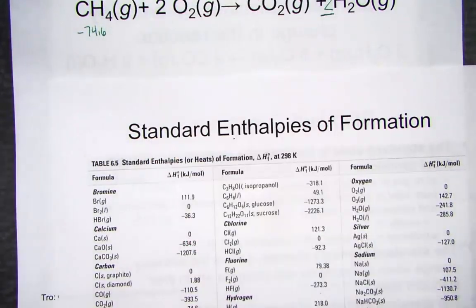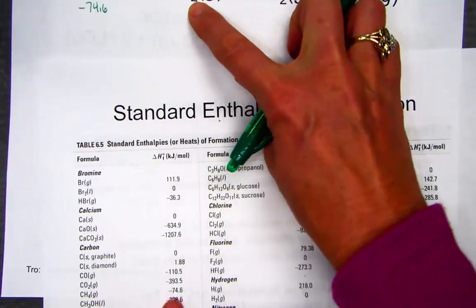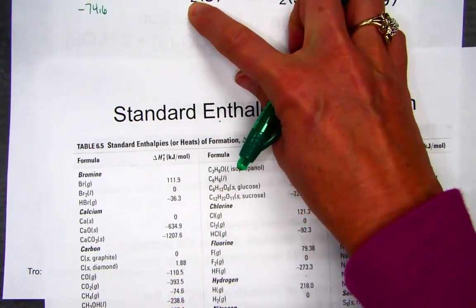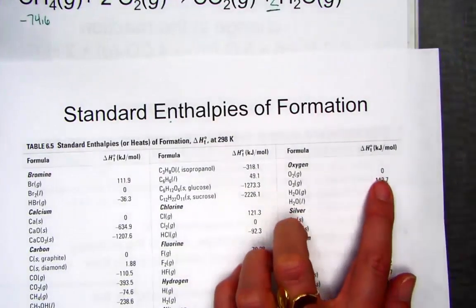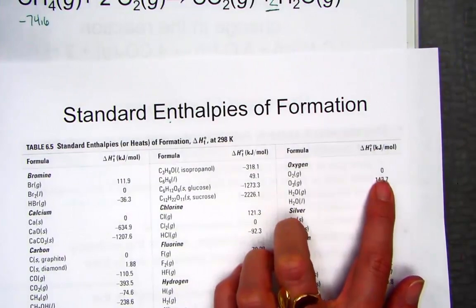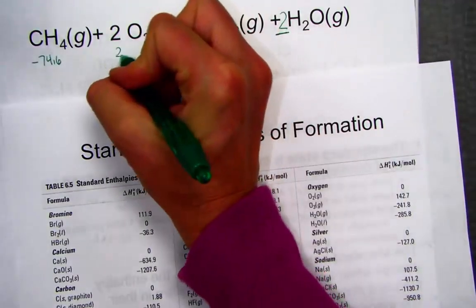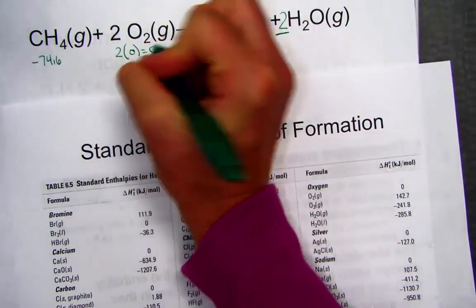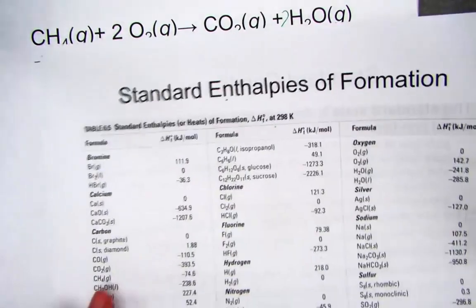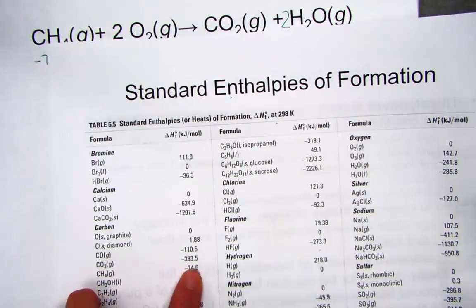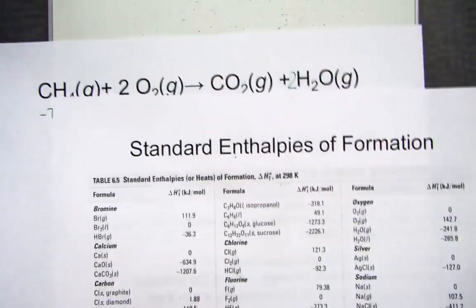And that's in kilojoules. Diatomic molecular oxygen is 0. Again, just showing that we know oxygen in its natural state, O2 gas, is 0. And again, I would distribute the 2. 2 times 0 is still 0. Carbon dioxide gas, going to our chart, CO2 gas, negative 393.5.